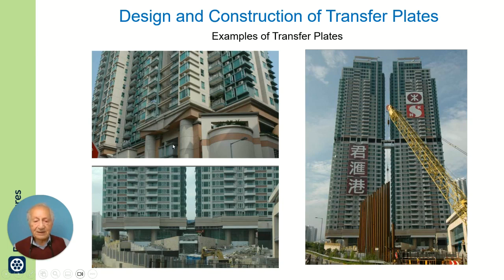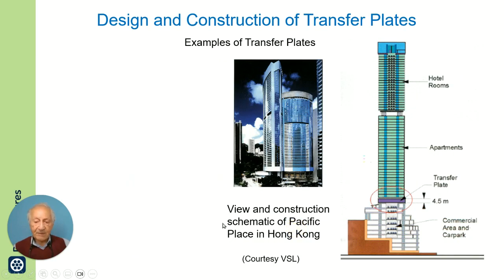More examples: transfer plate multi-level on selected columns. Likewise, here you have a thick slab bottom left supporting two towers, and again here on the right you have transfer plates at the bottom supporting multiple levels.